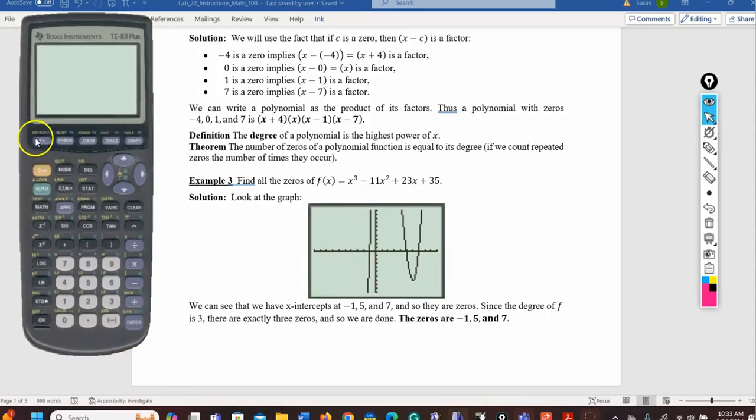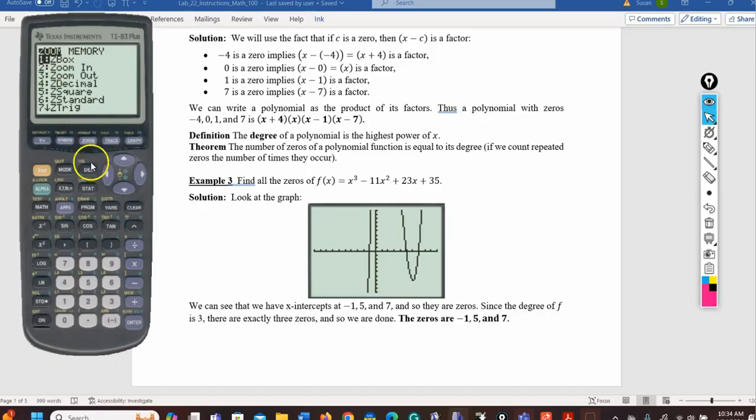Let's get into here, and I want x cubed minus 11x squared plus 23x plus 35. And I'm just going to quickly double check that I've entered this correctly.